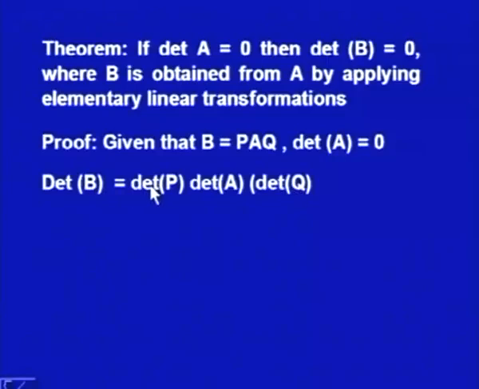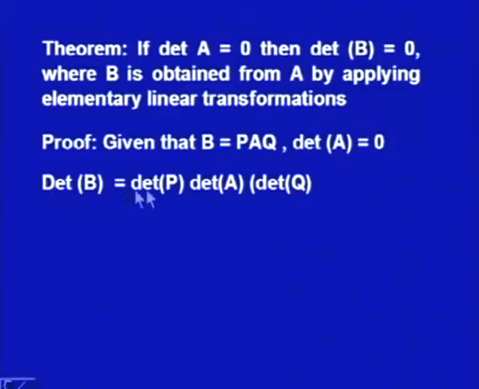But because they are elementary linear transformation matrices, determinant P and determinant Q cannot be 0, they have to be non-singular. So determinant P is not 0, determinant Q is not 0, and these determinants are simply numbers. So a product of 3 numbers is 0 only if one of them is 0.